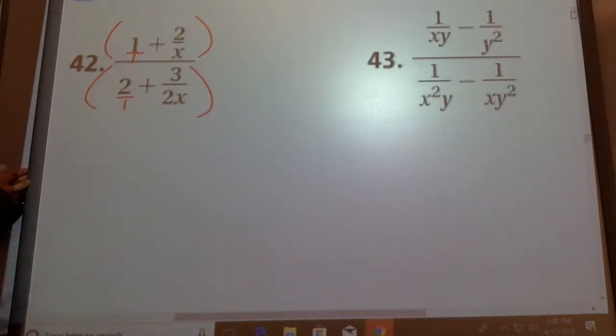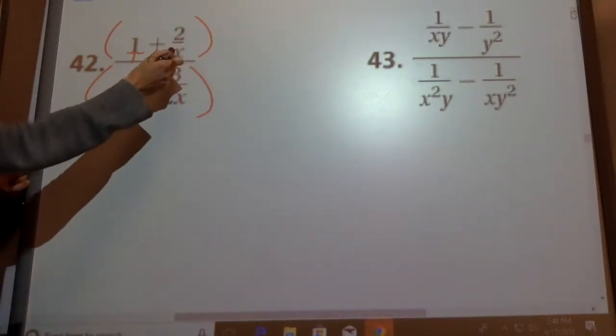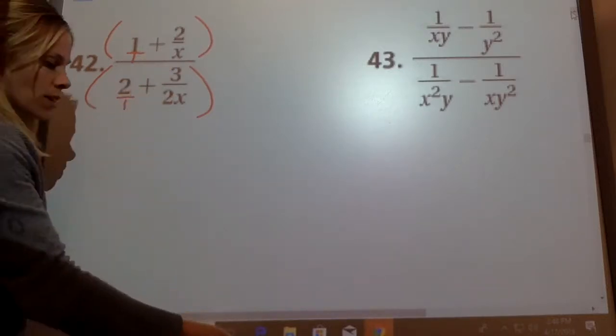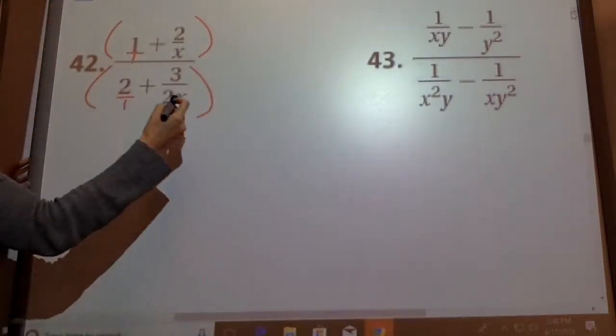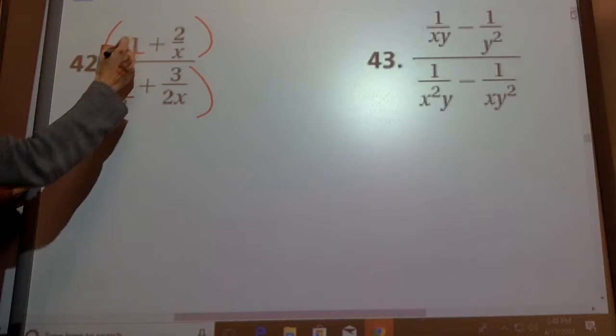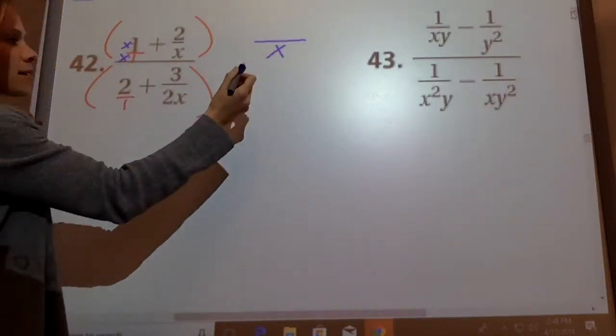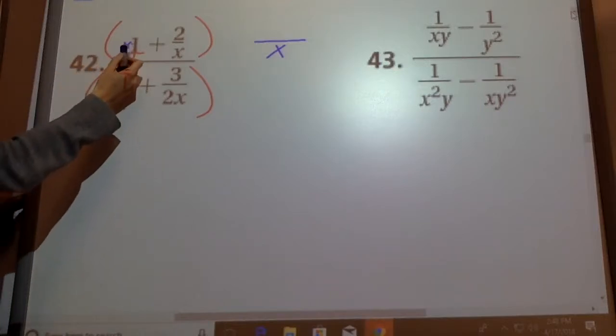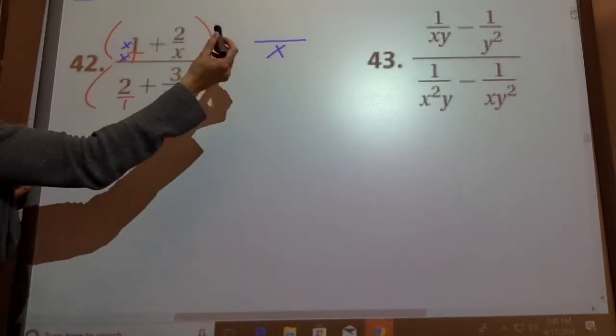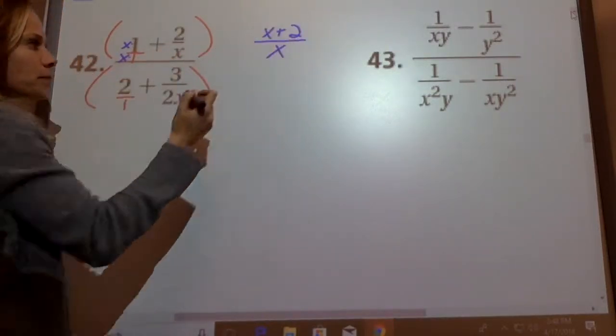X, because everything has a 1. There's a 1 in front of this x. So the only thing I have to do to get a common denominator is multiply the bottom and top by x. So denominator is x. Add the tops. This is 1x plus 2. So just x plus 2.